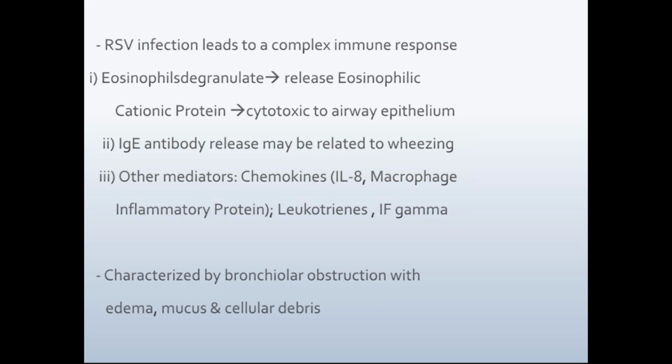This complex immune response results in bronchial obstruction with edema, mucus, and cellular debris. The first point to remember is that eosinophilic cationic protein is cytotoxic to the airway epithelium, resulting in cell damage. Subsequently, other immune complex mechanisms also take place, resulting in bronchial obstruction.